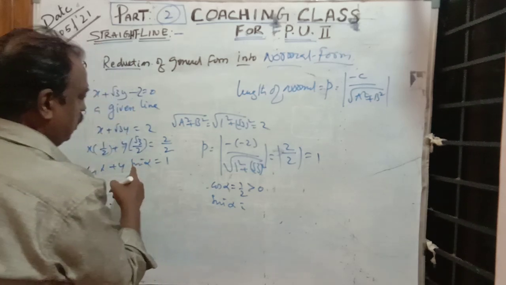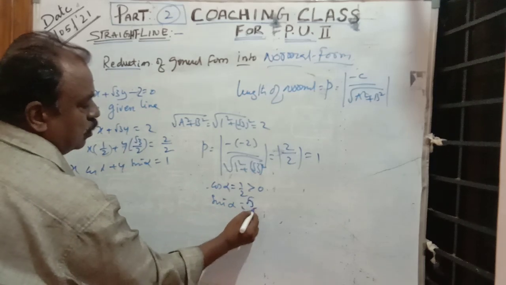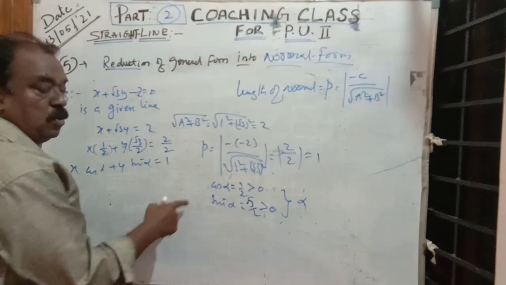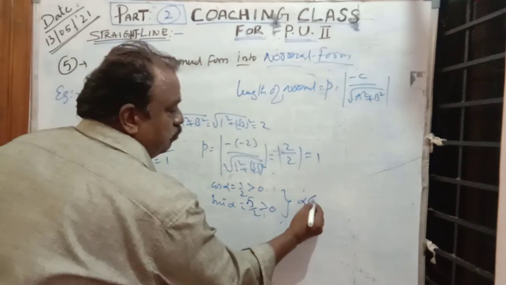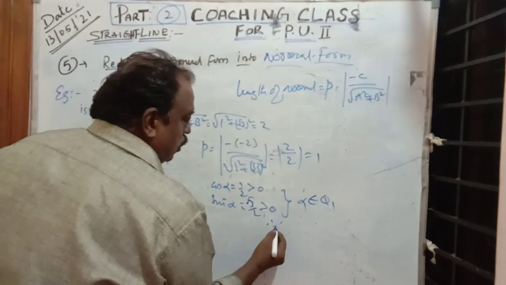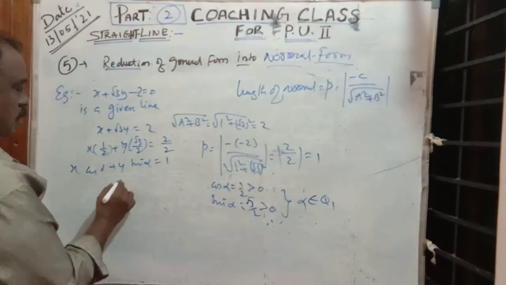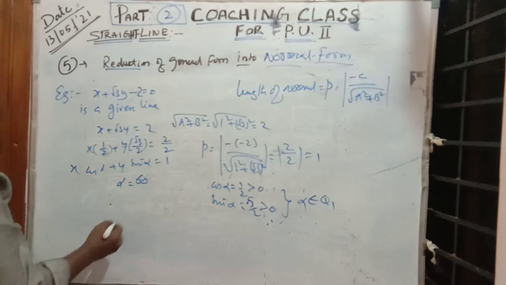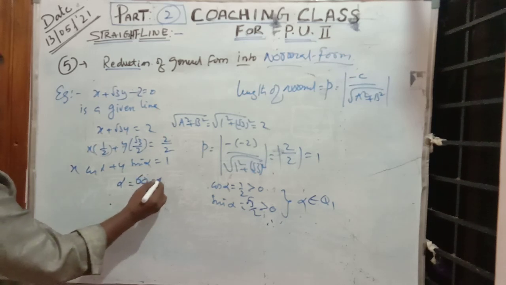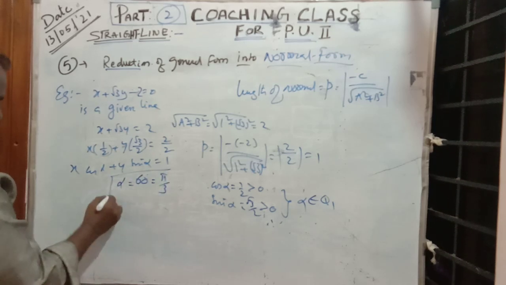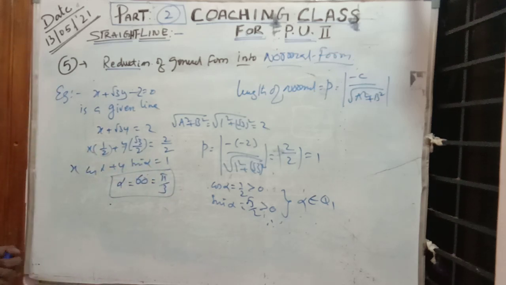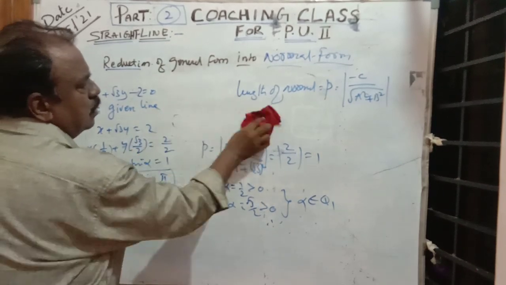Sin and cos are both positive, so alpha belongs to Q1. Therefore, what is alpha? Cos alpha is 1 by 2, which means 60 degrees, or otherwise pi by 3. Like that we have to find. I will give some examples here.